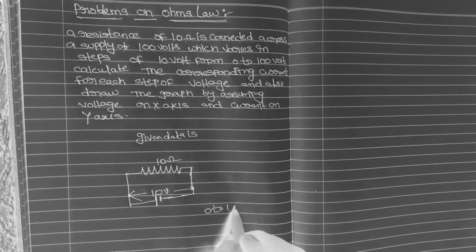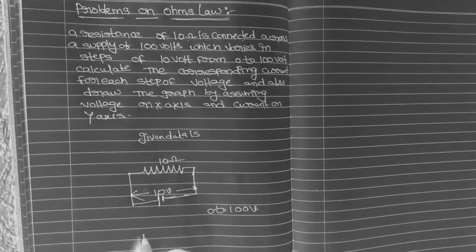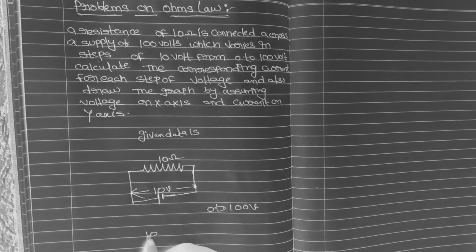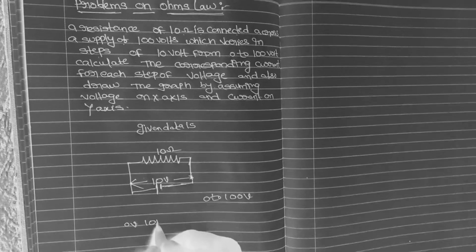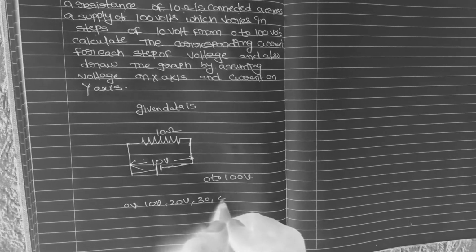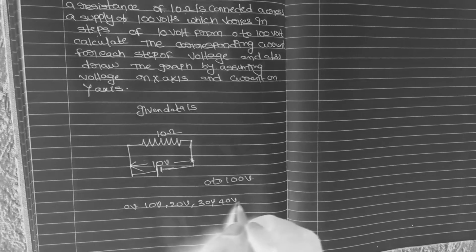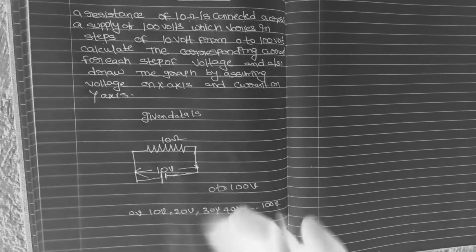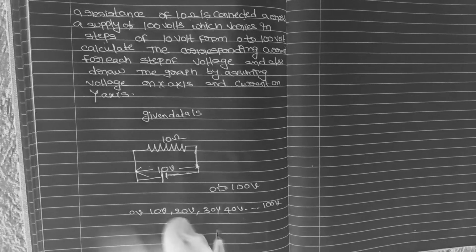Here the supply will vary from 0 to 100 volts, that is 0 volts, 10 volts, 20 volts, 30 volts, 40 volts, like that, up to 100 volts. The voltage will be gradually increasing.